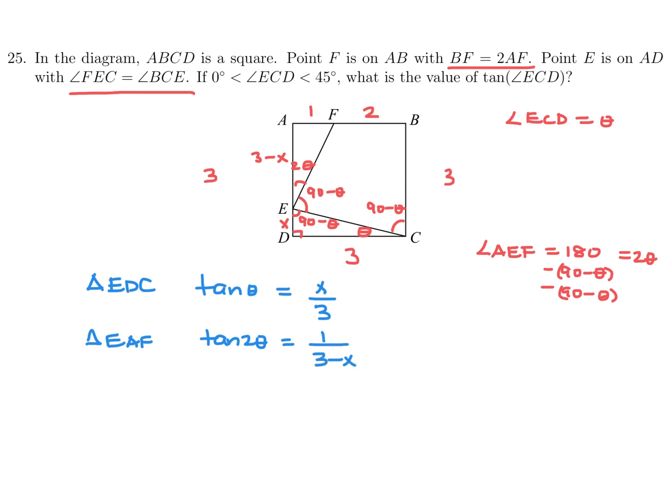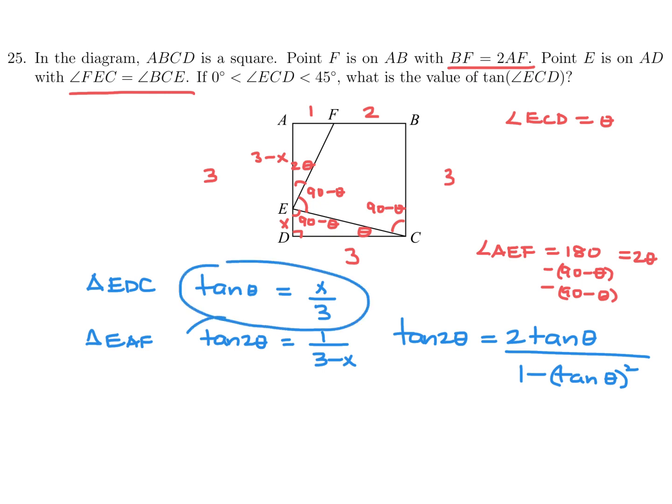All right, great. And then you guys know the trig identity for tan 2 theta. Some of you may have forgotten it, so I'll write it here. Tan 2 theta is 2 tan theta over 1 minus tan theta squared. And we're going to substitute this guy and this guy into it to figure out x.